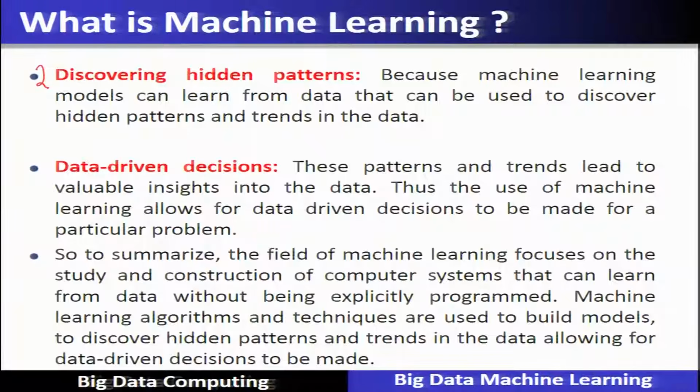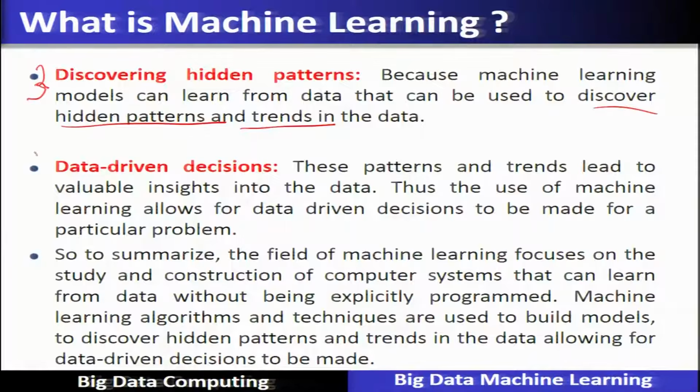So, discovering hidden patterns is also an important aspect of machine learning on big data. Why? Because it learns from the data, it can also discover the hidden patterns which are embedded into the data, and also capture the trends within the data.